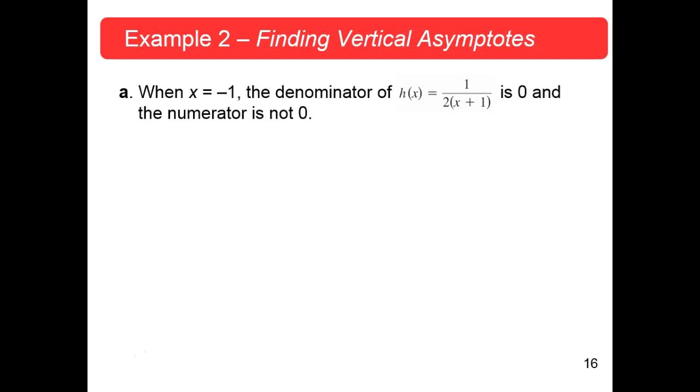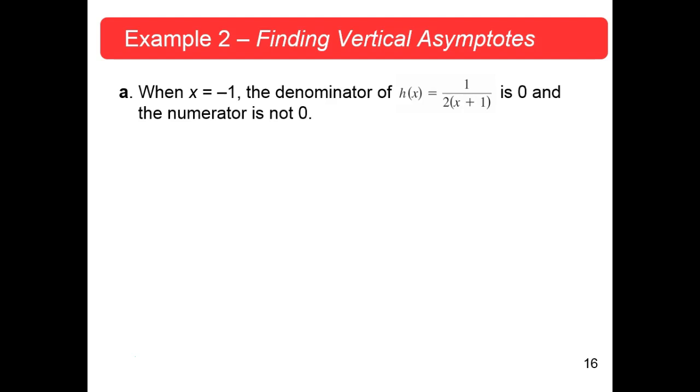Will you have a limit there? No, you won't. They will call it an infinite limit, but basically it means you have no limit. As x approaches -1 from the left, that would be, say, -1.1 plus 1, a negative number. This is going to negative infinity. As it approaches -1 from the right-hand side, x is greater than -1, so that's going to be positive, going to positive infinity.